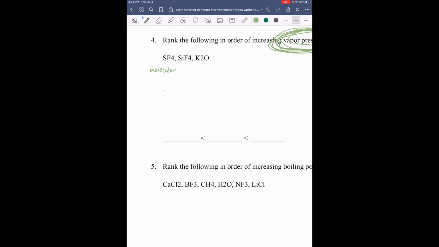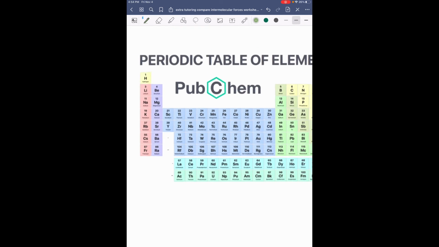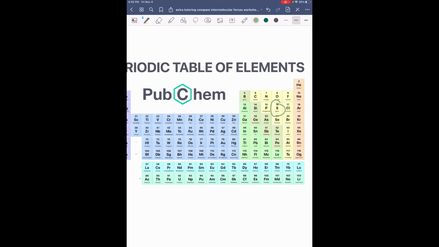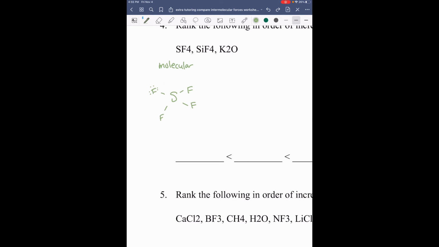Draw the Lewis diagram. SF4 plus all the lone pairs on the fluorines. Sulfur is not happy like this though because it wants to have the 6. So we put a lone pair on sulfur, making it polar. That lone pair on sulfur makes it polar.